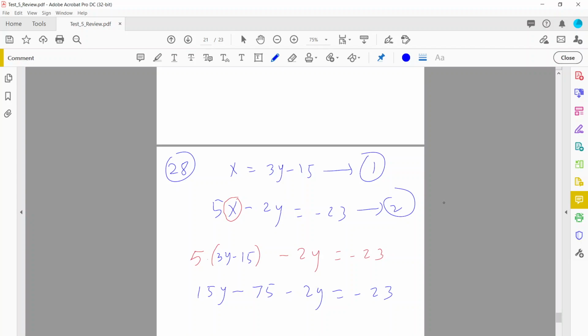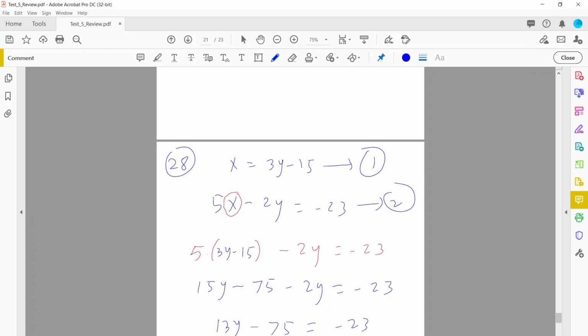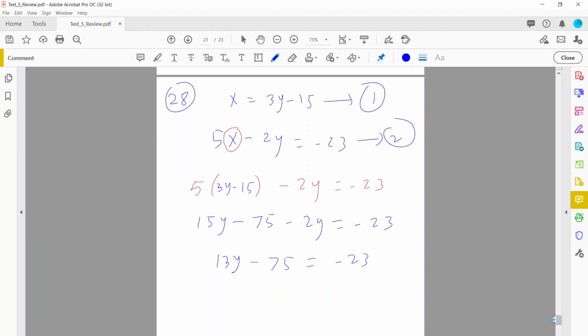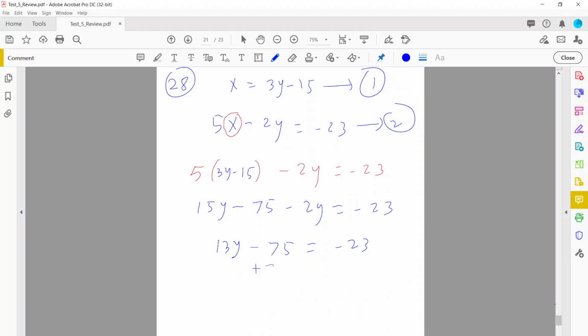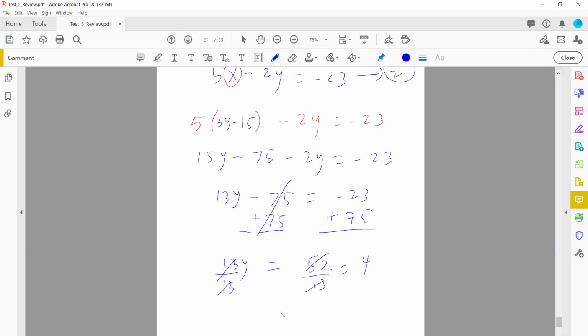Combine 15y and negative 2y, that will be 13y minus 75. And now just solve for y. We can just add 75 to both sides. It will cancel out. 13y equals positive 75 minus 23, that will be 52. Just divide both sides by 13, so that is 4. So the value of y is 4.